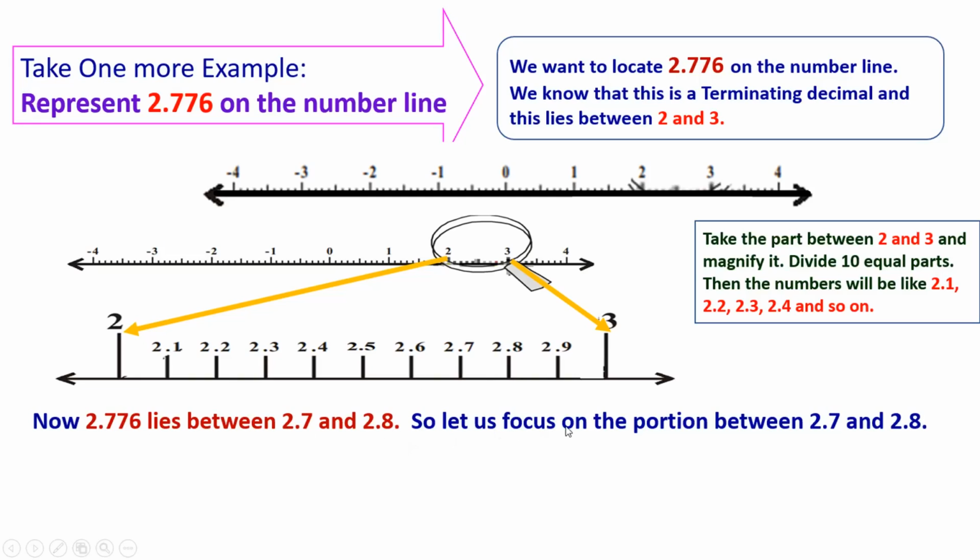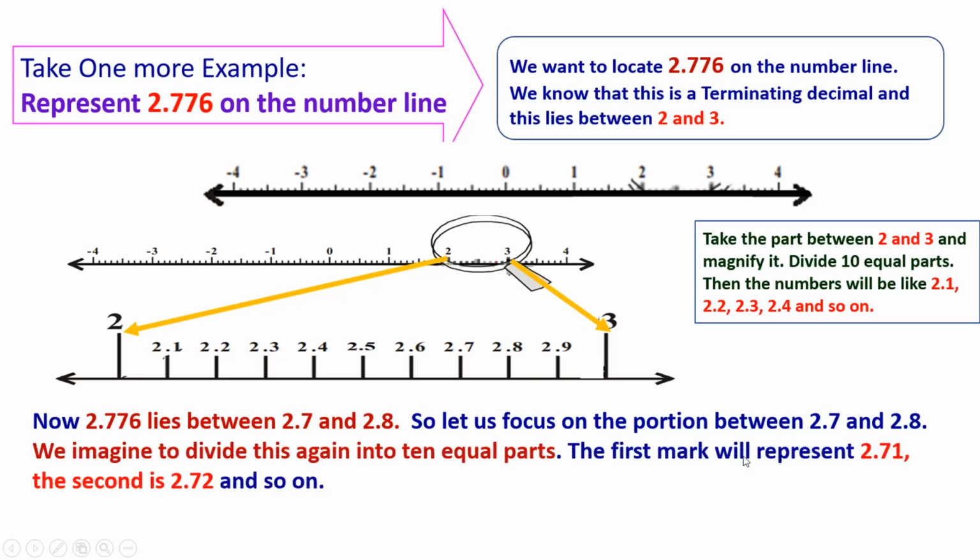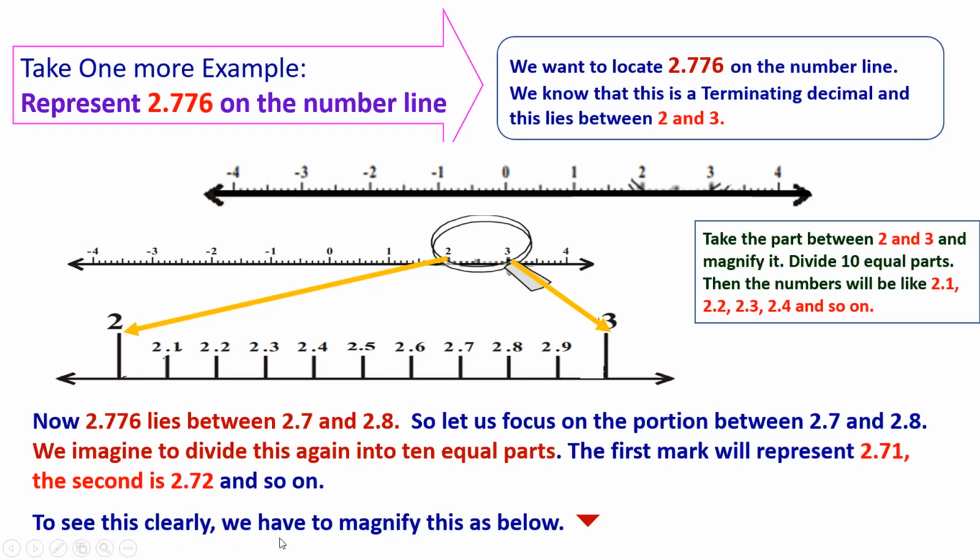So, let us focus on this portion between 2.7 and 2.8. We imagine to divide this again into 10 equal parts. The first part will represent 2.71, second is 2.72, and so on. We have to magnify this as below.